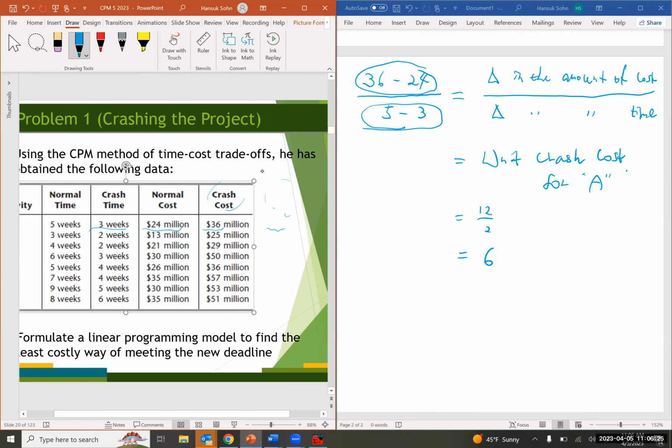Okay, let's see. So I'm going to create this column.